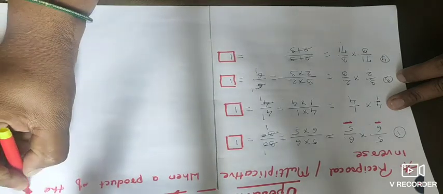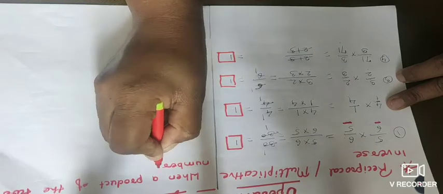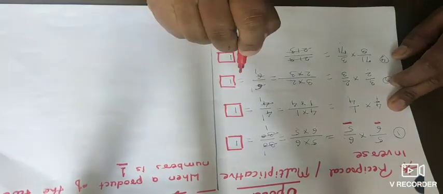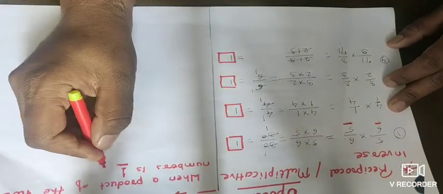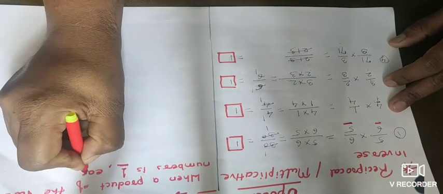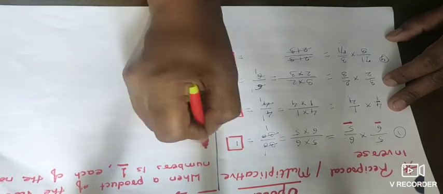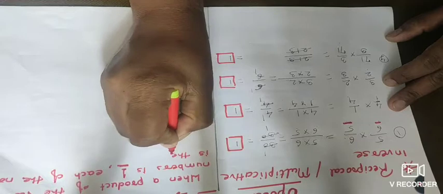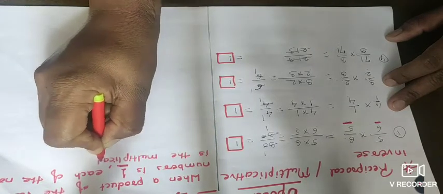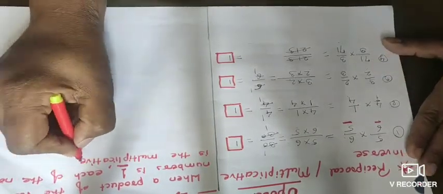of the two numbers is 1. Okay, each of the number is multiplicative inverse, then each of the number is the multiplicative inverse or reciprocal of the other.